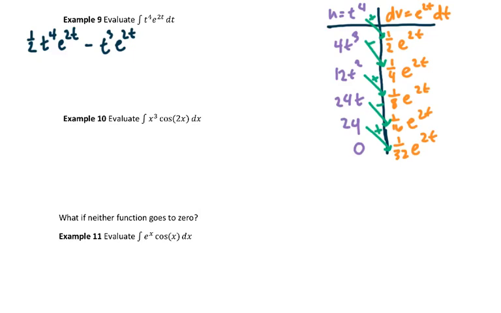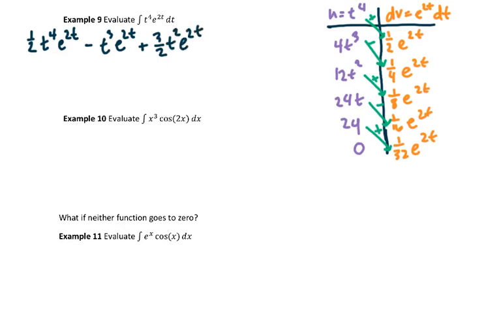All right, going to the next piece, I have 12t squared times 1/8 e to the 2t. So 12 over 8 is just going to be 3/2, right, in terms of 4. So that's going to be 3 over 2. Everything's plus. T squared e to the 2t.